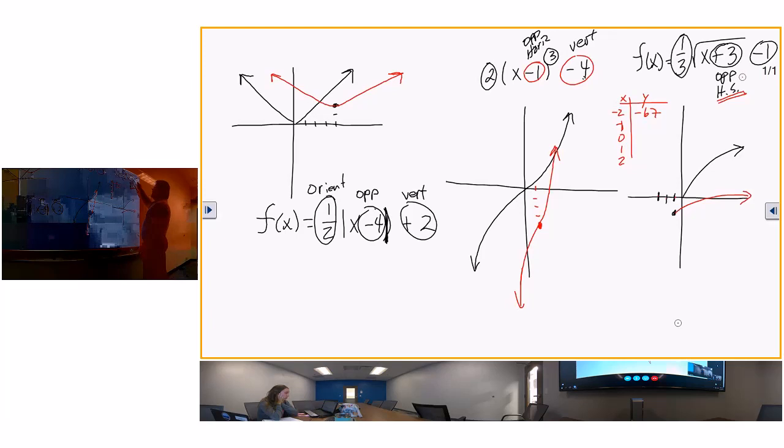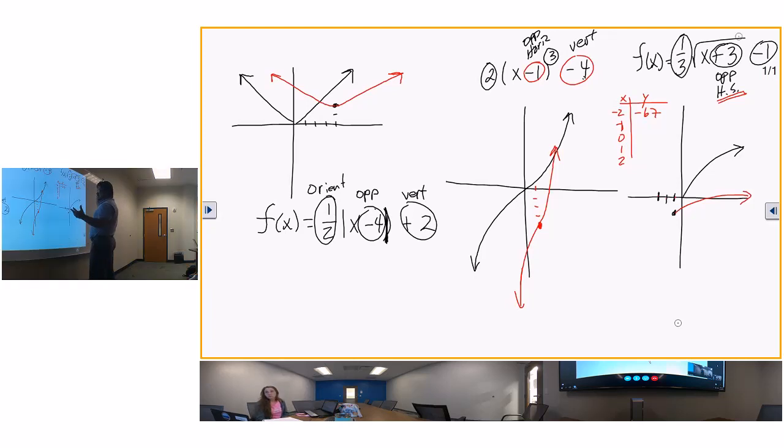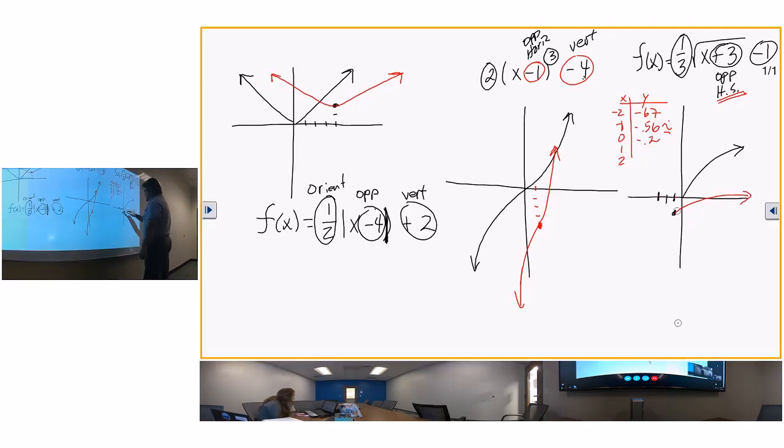Square root of 2 is 1.4. 1.4 divided by 3 is 0.45. 0.45 minus 1 is -0.56, approximately. 0, I'll do this one for you. 0 plus 3 is 3. Square root of 3 is 1.7. 1.7 divided by 3 is 0.6, and 0.6 minus 1 is -0.4, which is getting closer and closer, and then it starts crossing over at 1.